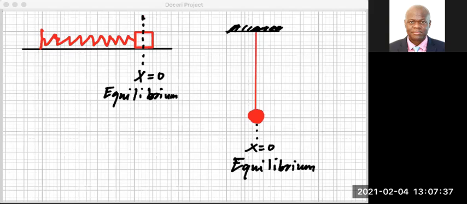But if we were to, let's say, pull the spring to the right, then now we would have a displacement, from here to about there.